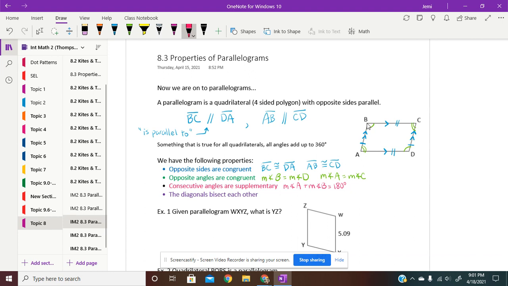And we have a lot of these combinations. It's true for A and B. It's also true for B and C, that those two angles add to 180 degrees.